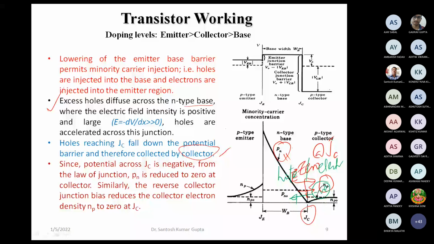Far away from the junction, we have the thermal equilibrium concentrations of electrons and holes. These are the minority charge carriers in the p-type emitter and collector.